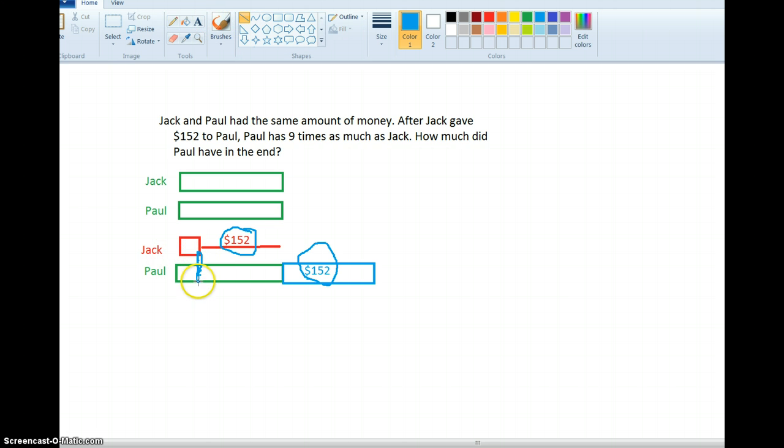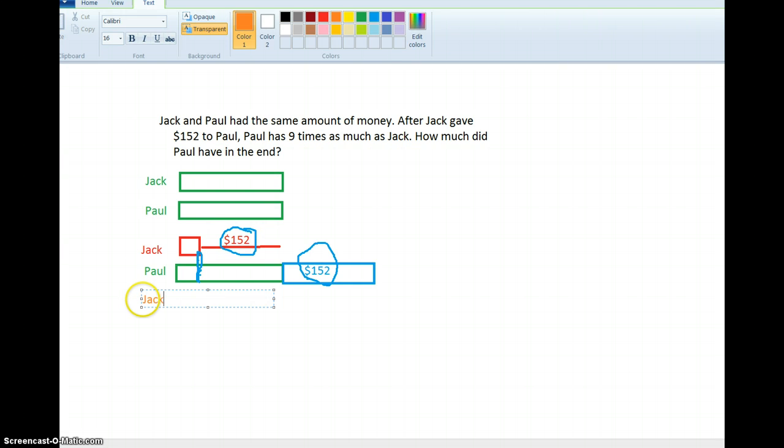This is to make this clearer. Alright, so the difference between them is 152 and another 152. Now, we know now that Paul has 9 times as much money as Jack.